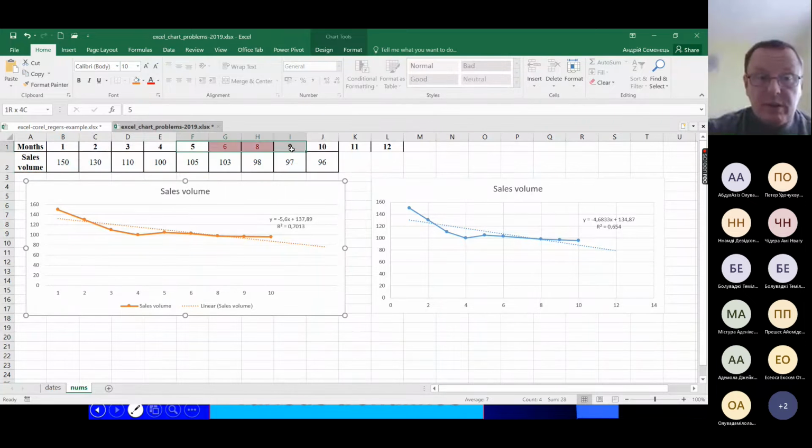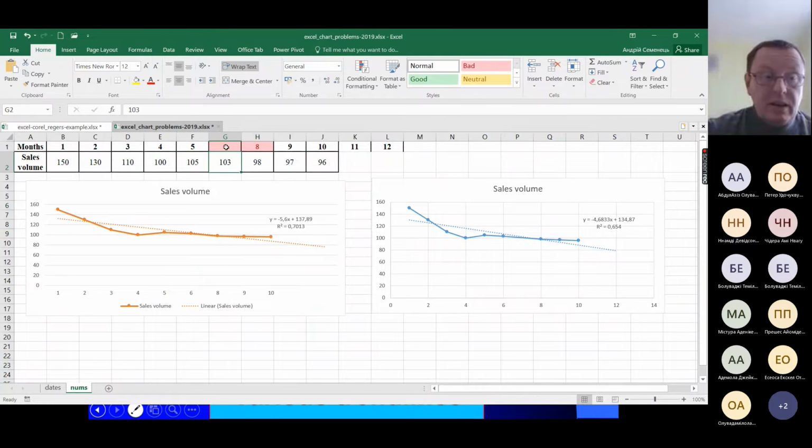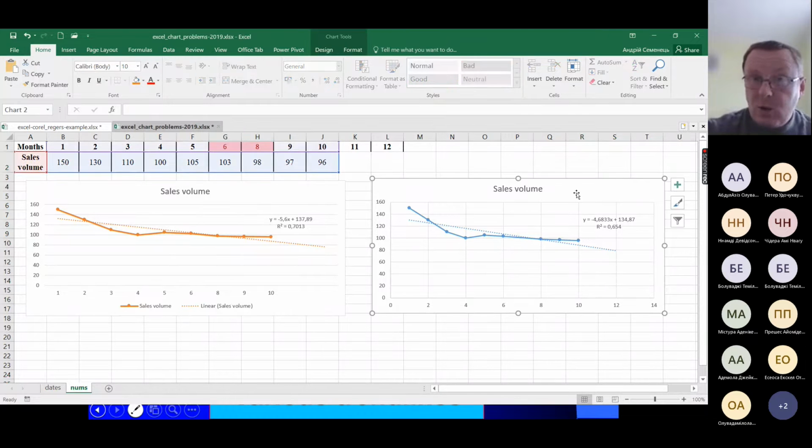But we also have a situation like the given one, when we have different intervals, when we have omitted one interval, and we have one interval twice as long as the others. So again, only a scatter plot will give you the correct result. Keep this in mind every time. So if possible, try to use a scatter plot.